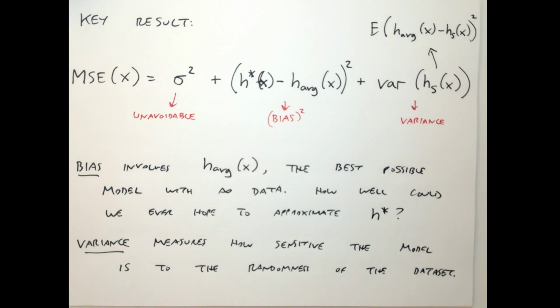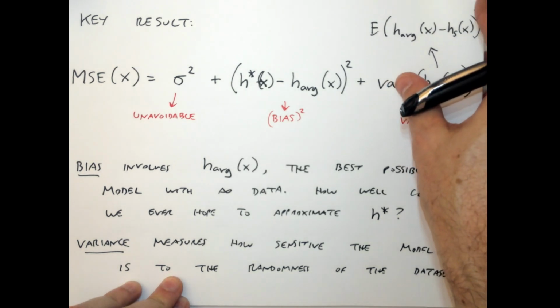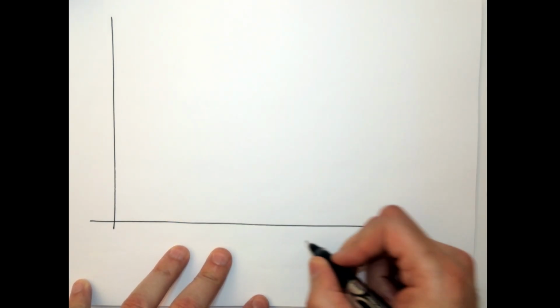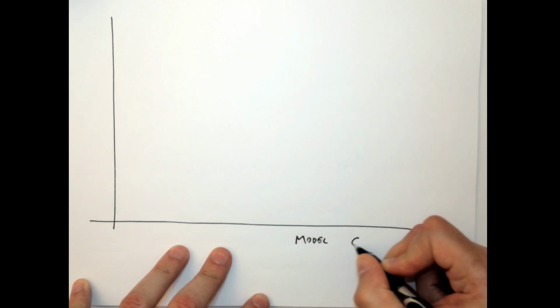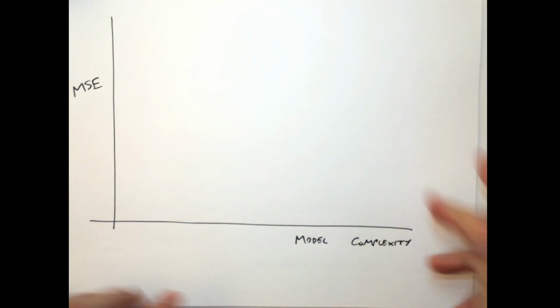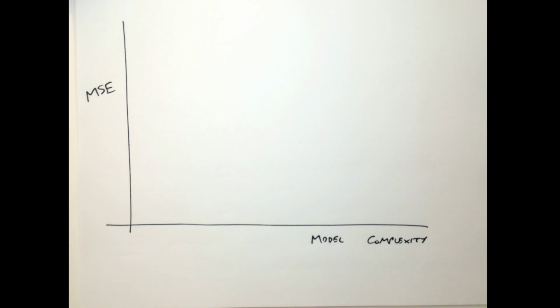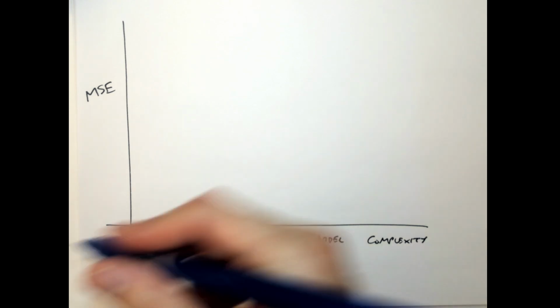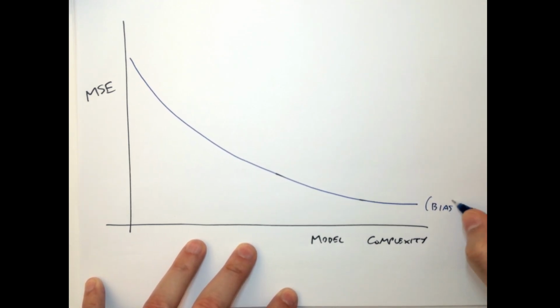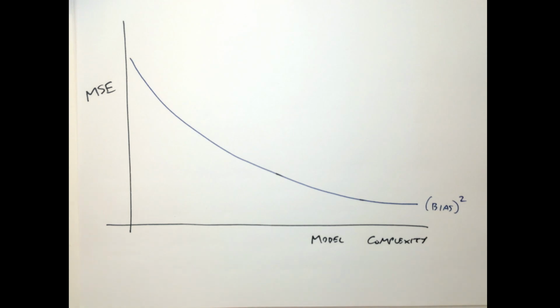But what I want to do is draw a picture. Typically what you have in a model is something like this, where the complexity of the model I can write on this axis, and the mean squared error I can put on this axis. What you expect to see is that the more complicated the model gets, the bias squared gets lower.